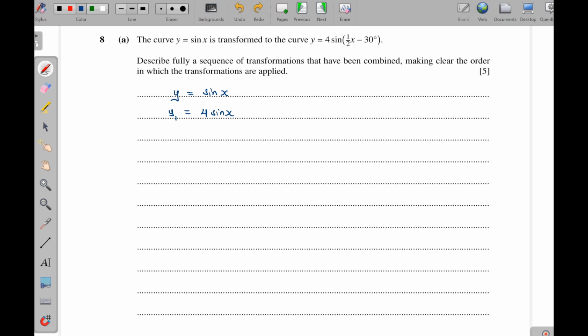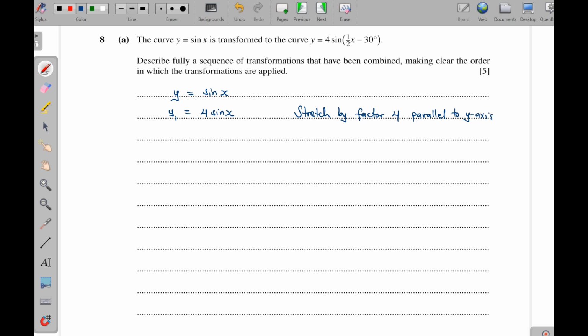Then addition and subtraction on x or y, that is translation. And then the change of sign on x or y is reflection. So this is a stretch. So I will say this is stretch by factor 4, parallel to the y-axis.